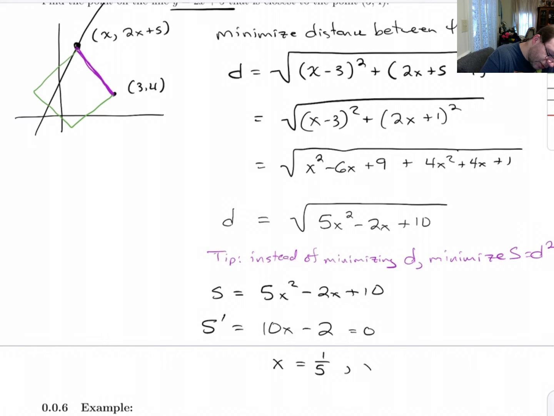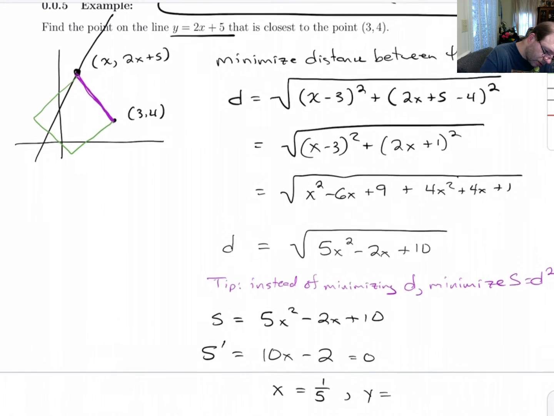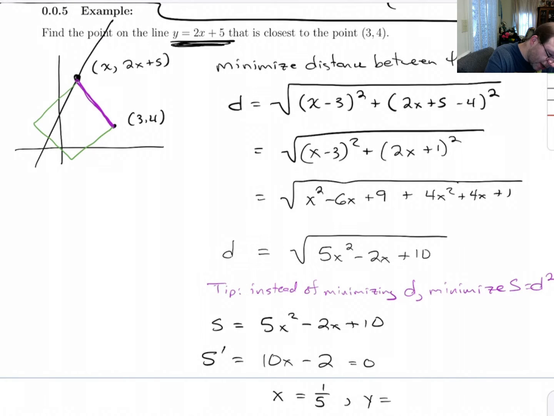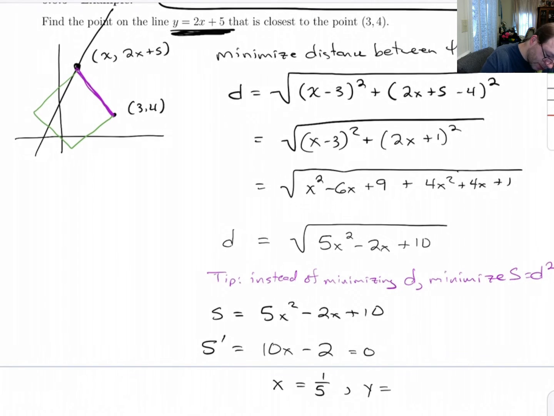So x is 1/5, and we can get y by just plugging back into here: 2 times a fifth plus 5. So what is that? Let's see, 5 and 2/5.